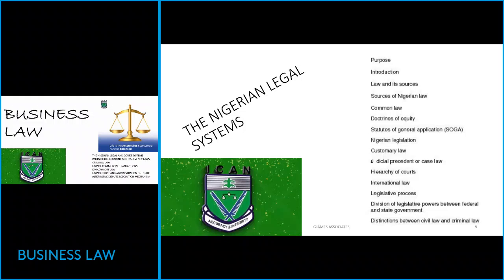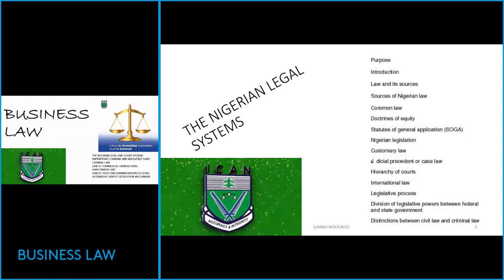We are going to go into it in detail. Then we'll be looking at other sources of law in Nigeria, coming from the traditional background of our legal system, like common law and the doctrine of equity, which basically is coming from the primary source of law that we have, that is the English law.